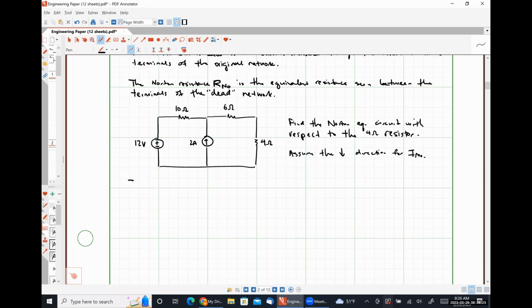so to find our Norton current, we are going to replace our 4 ohm resistor with a short circuit.